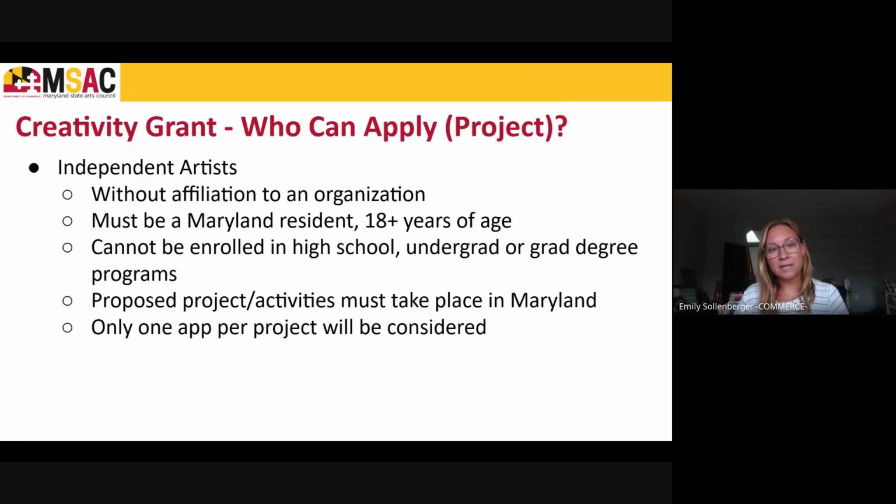You cannot be enrolled in high school or undergraduate or other graduate degrees. So if you've completed that, then that's great, but you can't be currently enrolled in school at this time when you're applying for the Creativity Grant. The proposed projects and activities must take place in Maryland. And again, we're only accepting one application per project, whether you're an organization or an independent artist.